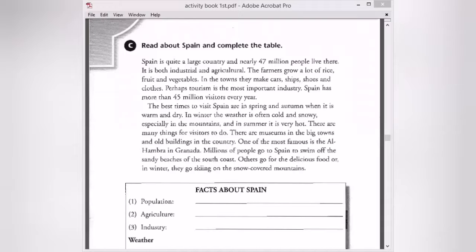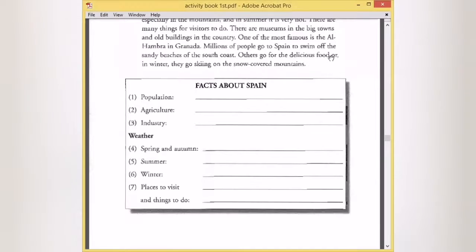Okay, thank you so much, Abdulaziz. Now, let us answer this lesson or do this exercise. Number 1, population. Population of Spain. 47 million.